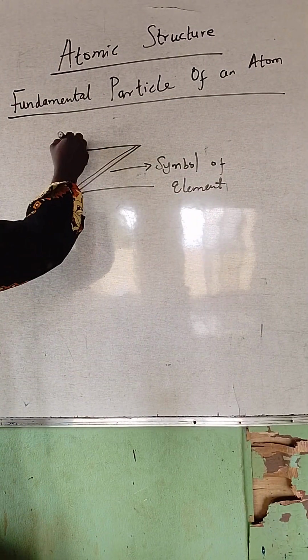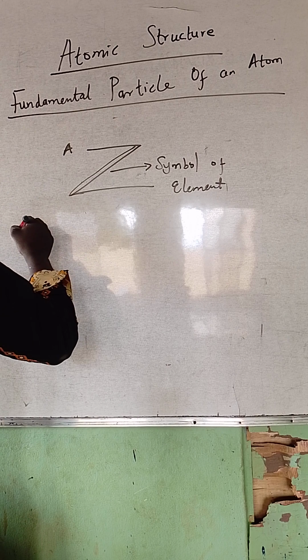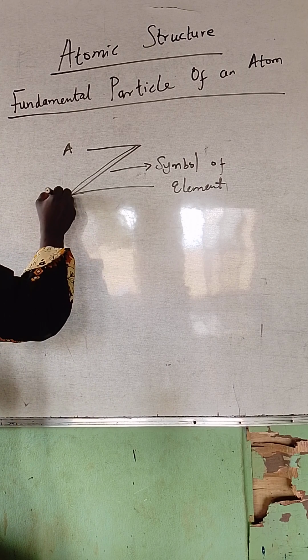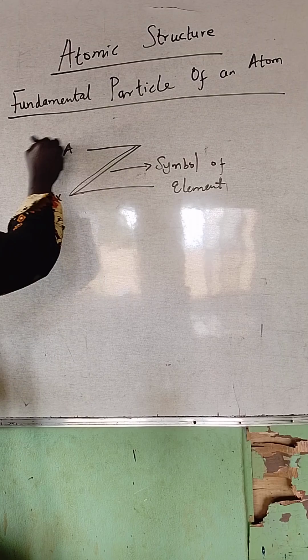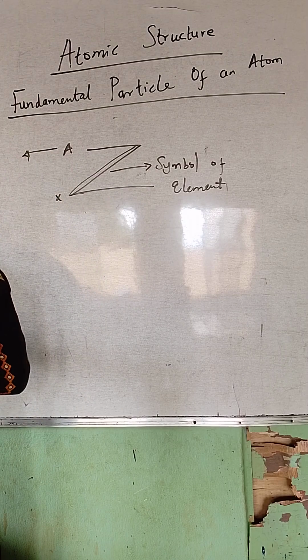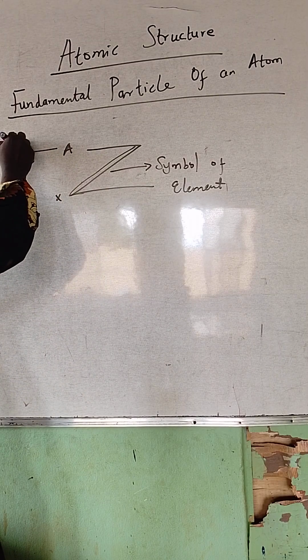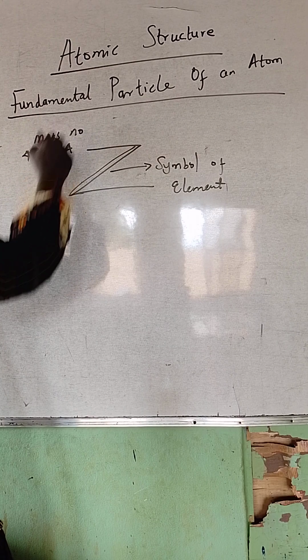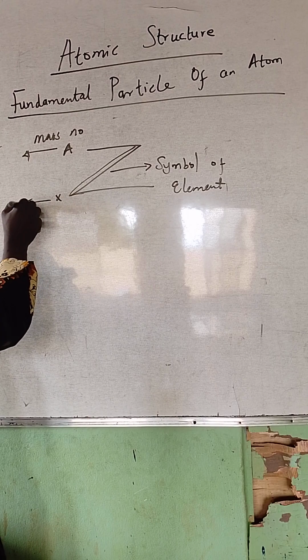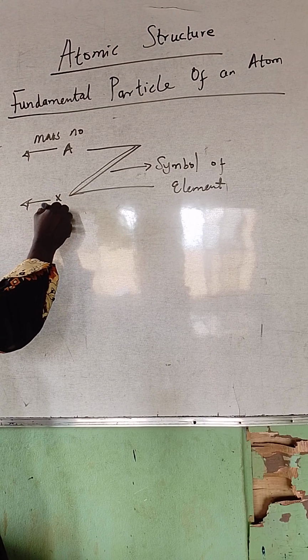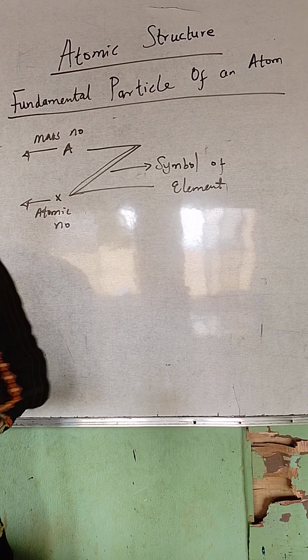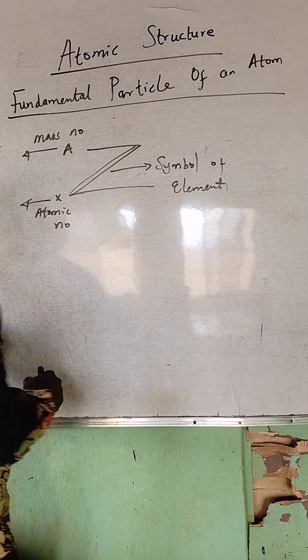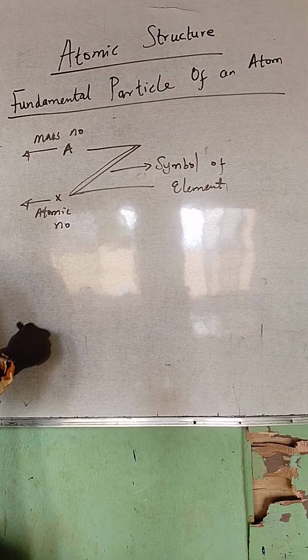This is A, and let's call this one Z. This is the mass number. This is the atomic number. Atomic number and mass number.